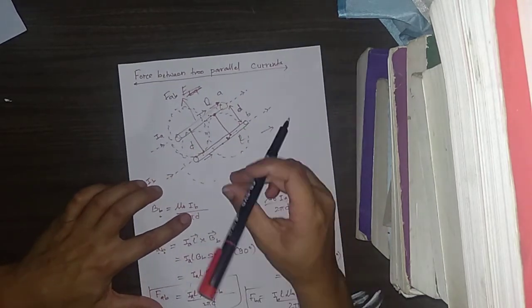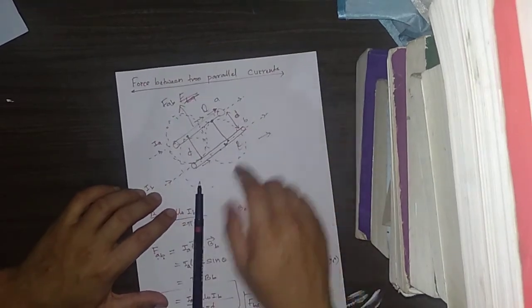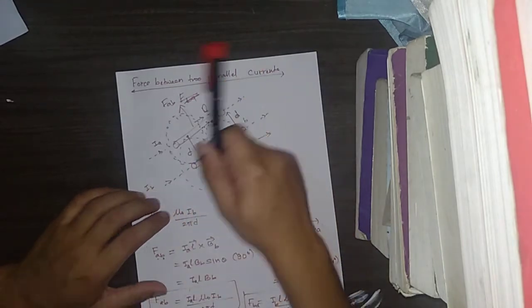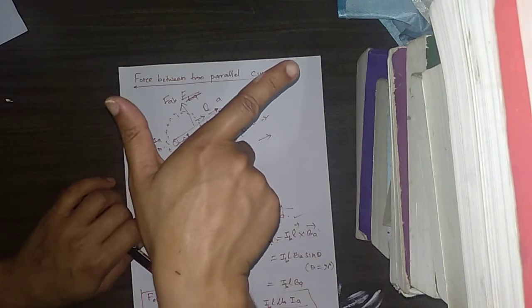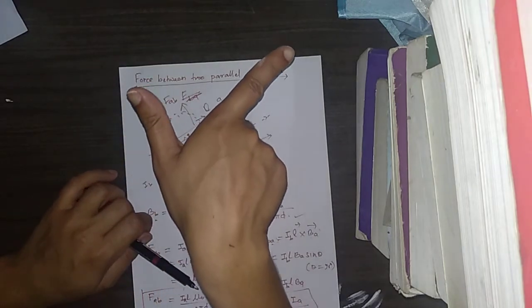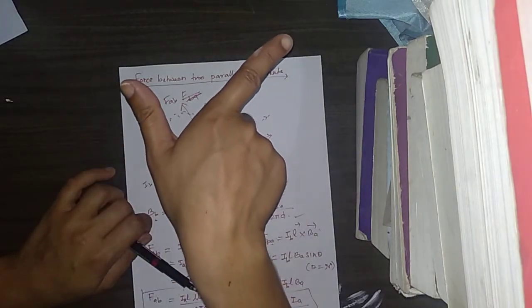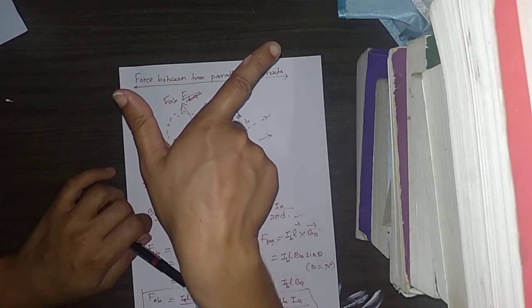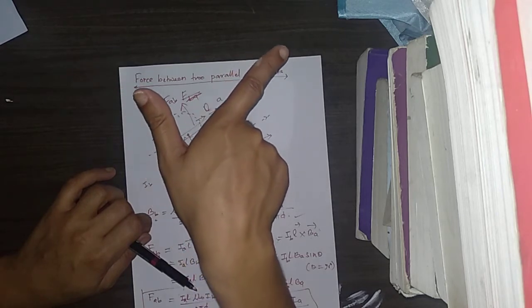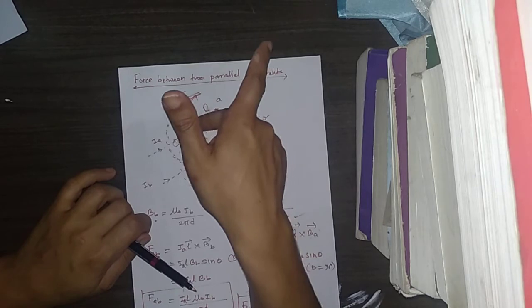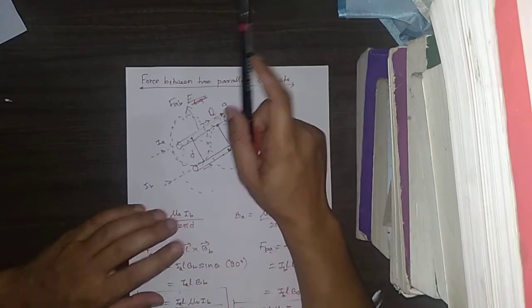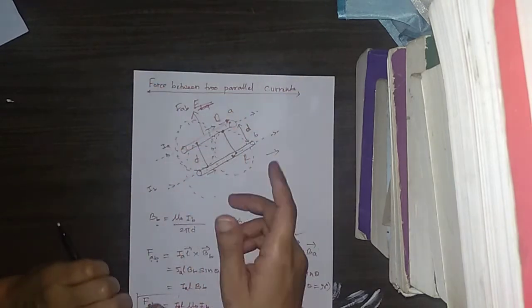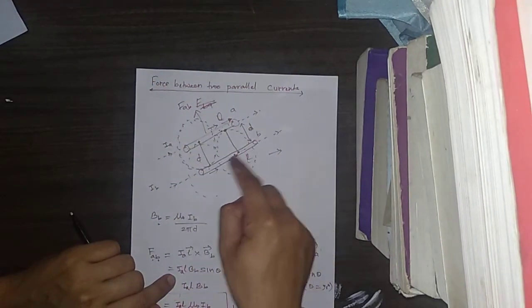Similarly, if you see closely, current is in this direction. Okay, the magnetic field is not inward here. In this case the magnetic field was outward, because the current is in this direction for this one.